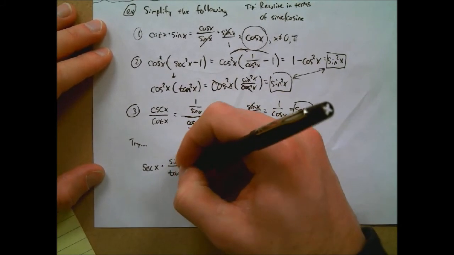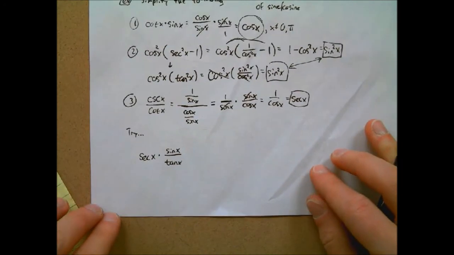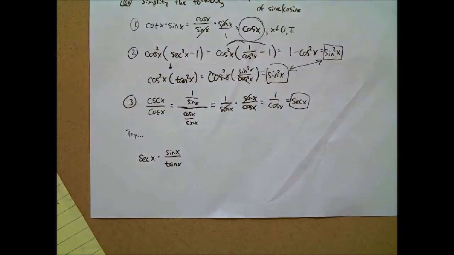Okay, so try that one. Secant of x times sine x over the tangent of x. Try that one. See if you can figure it out. These are kind of like little puzzles, I would say.